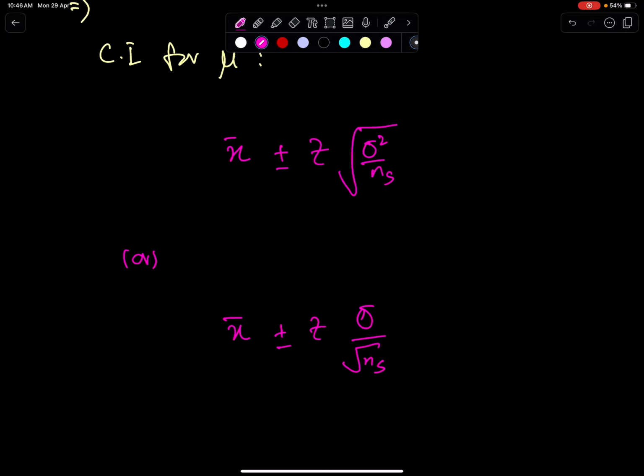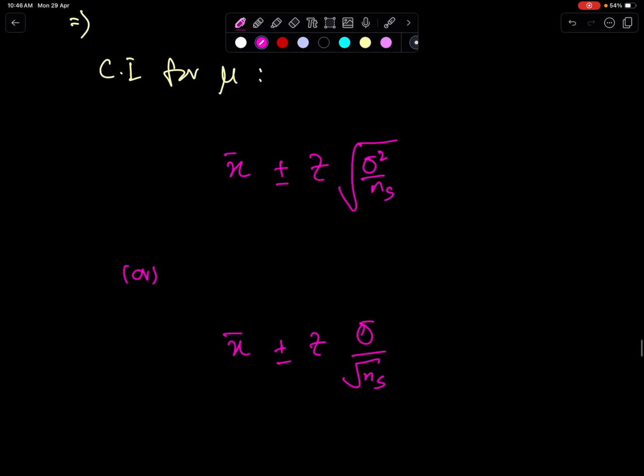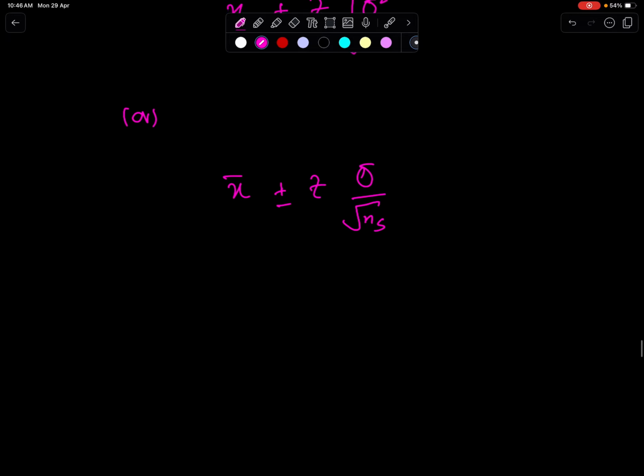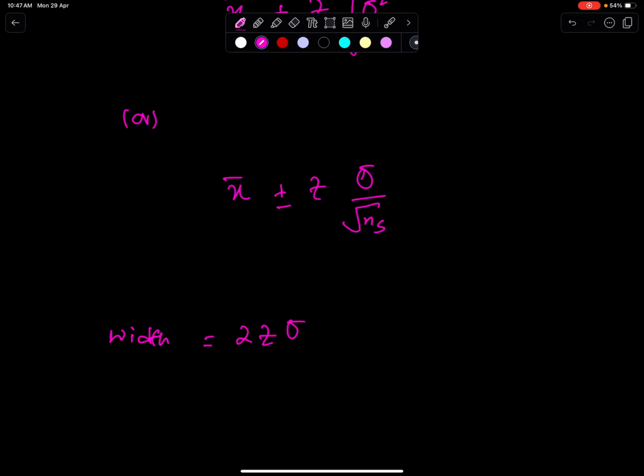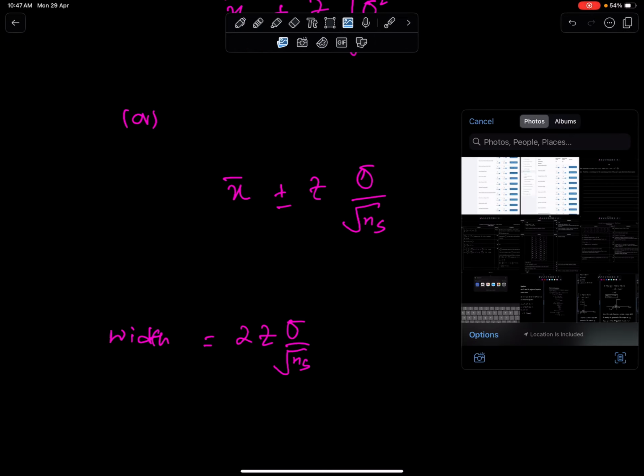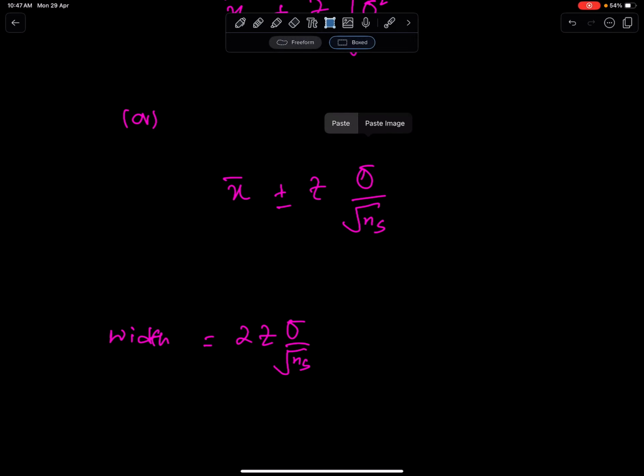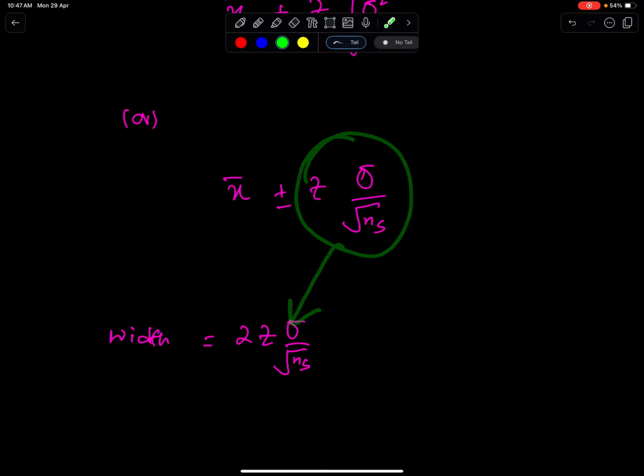Both expressions or both formulae are fine and correct. And the width of the confidence interval is 2 times z sigma over root n. If you multiply this factor by 2, you will get the width.